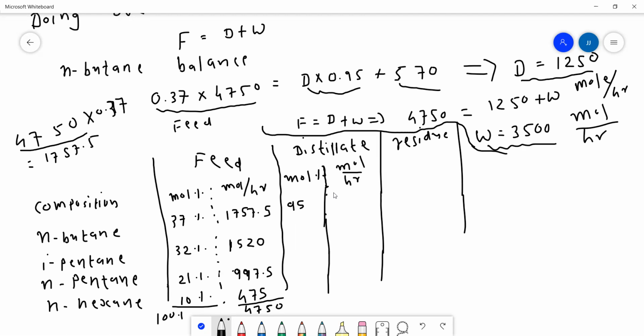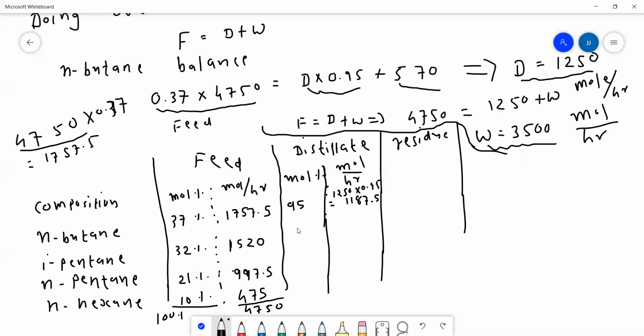So let me write here: 1250 multiplied by 0.95. Then you will get 1187.5.